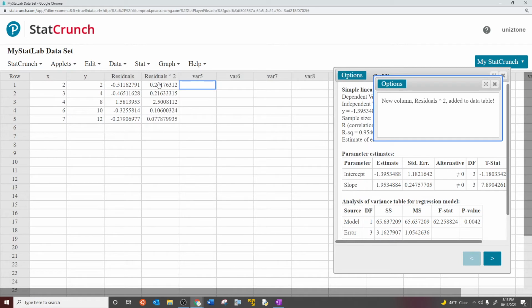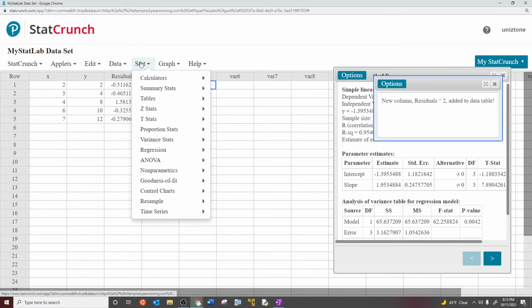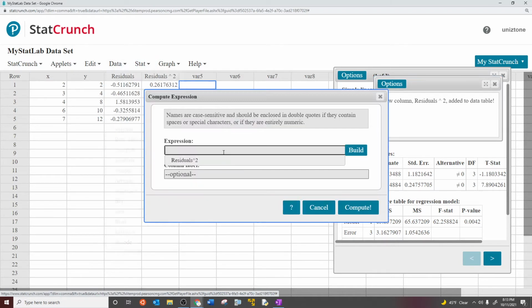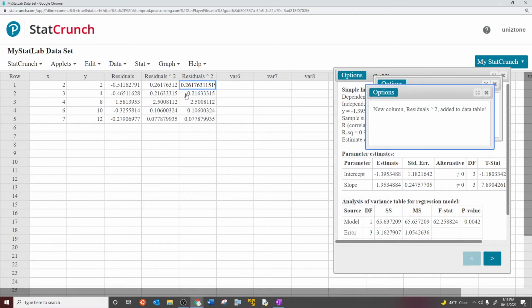Let's go back. Instead of here, let's go to compute expression, residuals. Hold on.